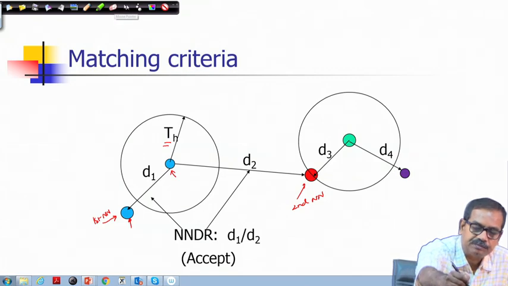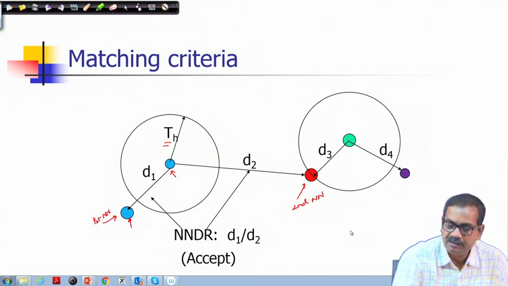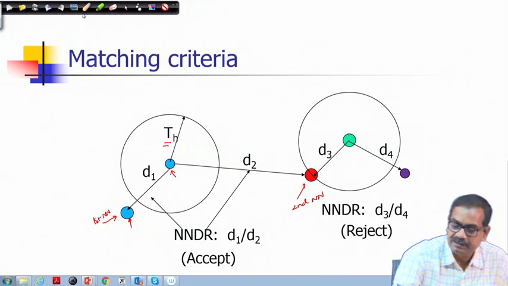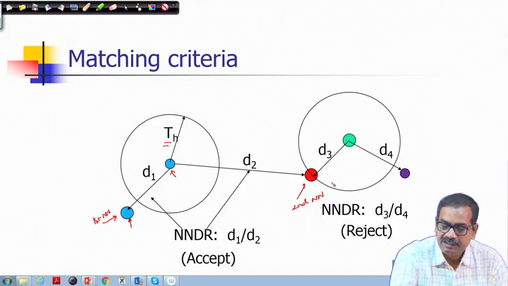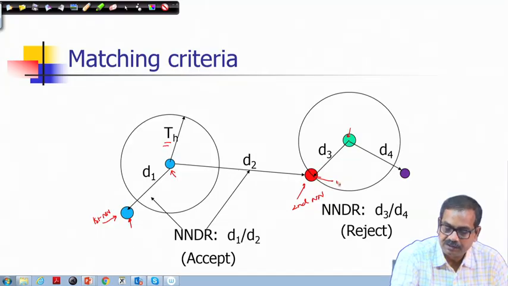Whereas, if I consider the other situation, you can see that here with respect to this image, this point, this one is the first nearest neighbor, and this is the second nearest neighbor.